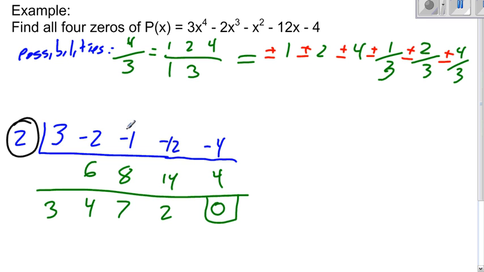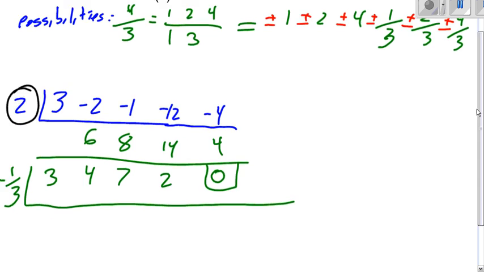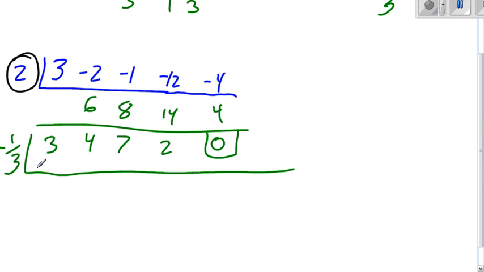So I'm going to take a guess and try negative 1/3. I'll tell you why in a minute. So if you do synthetic division now with negative 1/3, do that to the solution, so that way we keep breaking down our polynomial more and more. So bring down the 3, multiply by negative 1/3, you get negative 1. Negative 1/3 times 3 is negative 1.